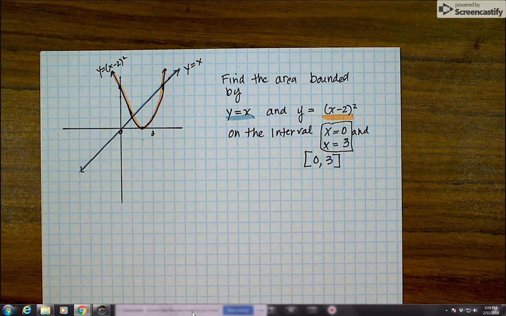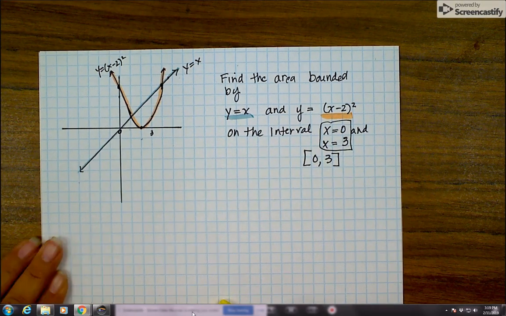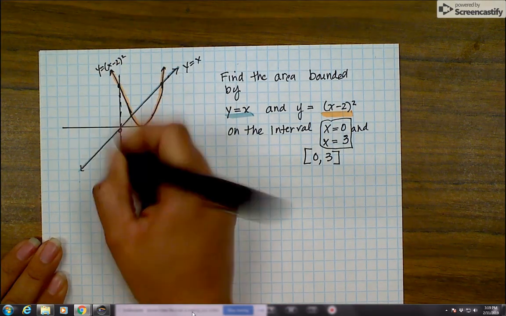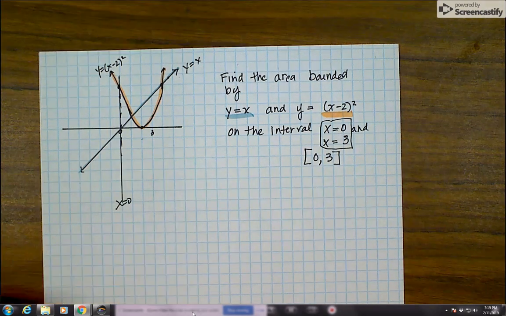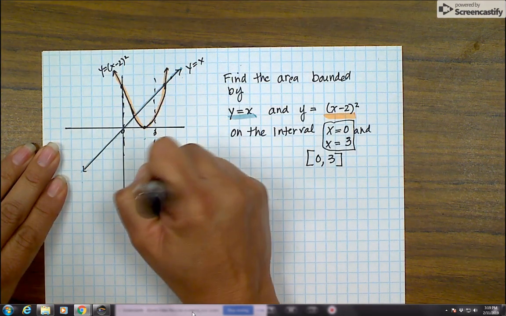And now we want to figure out what bounded region they are talking about on the interval 0 to 3. So it might help to draw in x equal to 0 and x equal to 3.